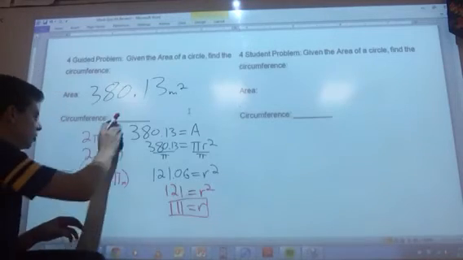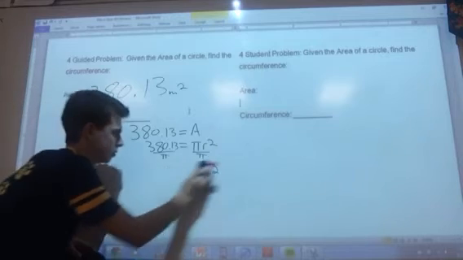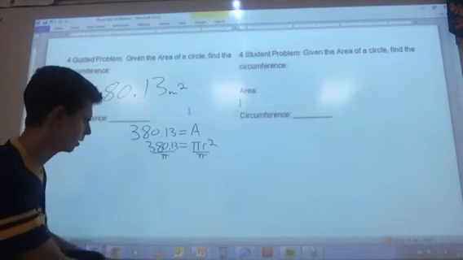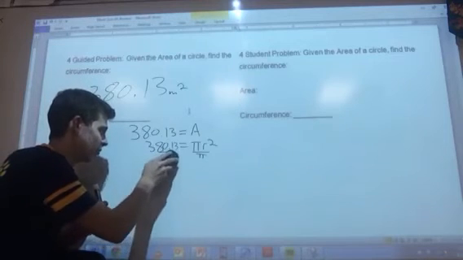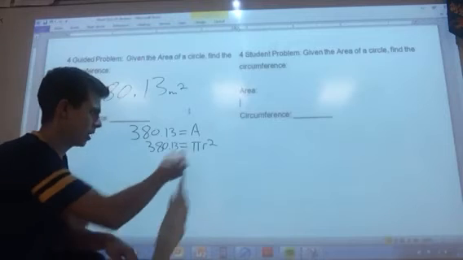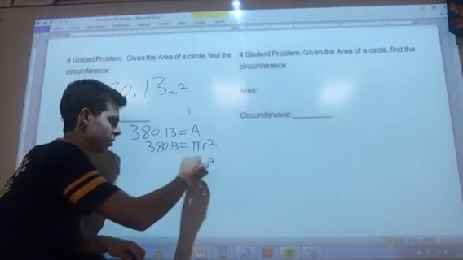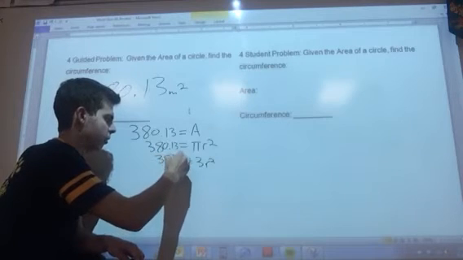Now there's an easier way to do it. Instead of dividing by pi, which is dividing by 3.14 and will take you forever, let's round pi to 3. So we have 3r squared is equal to 380.13.